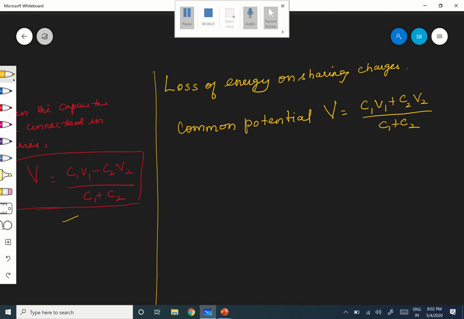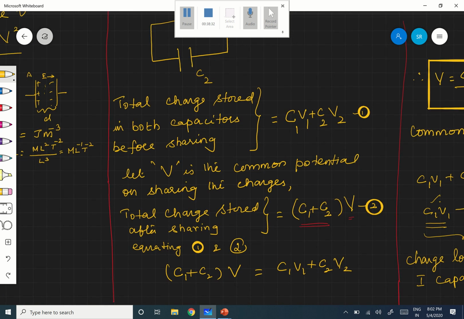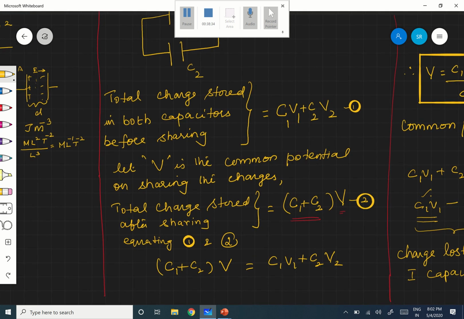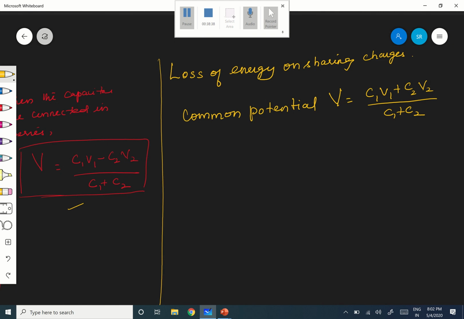Now what I want is the total energy before sharing. Previously we took the total charge before sharing and after sharing. Now it is the total energy before sharing charges.